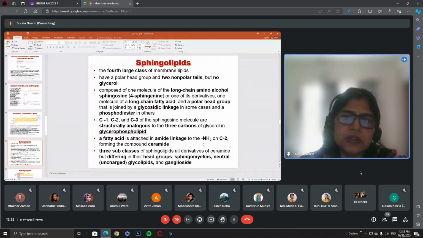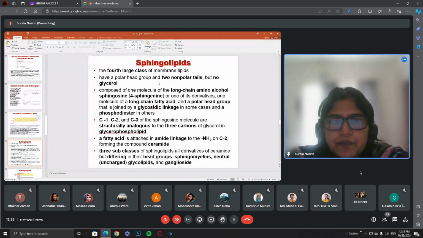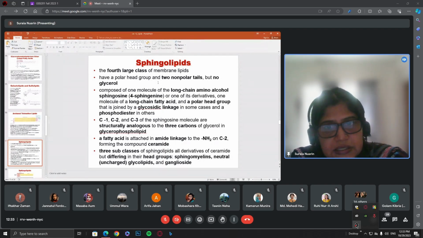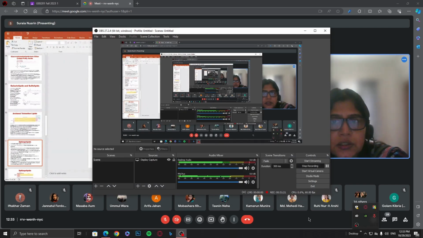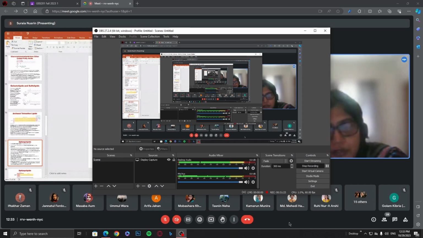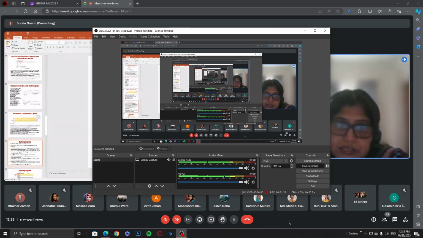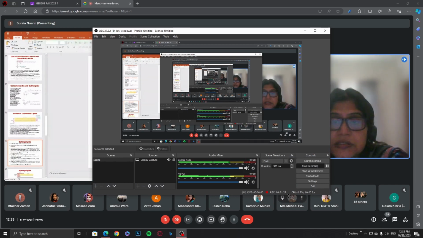Sphingolipid also has the same features. The polar head group is present, and the hydrophobic group is also present, but the main difference is that there is no glycerol.